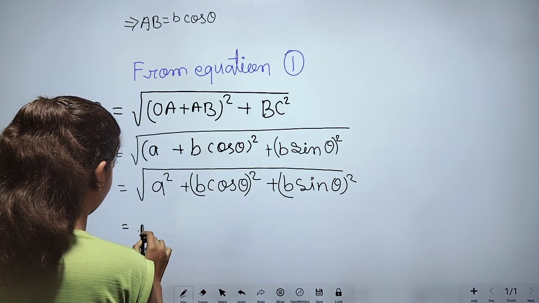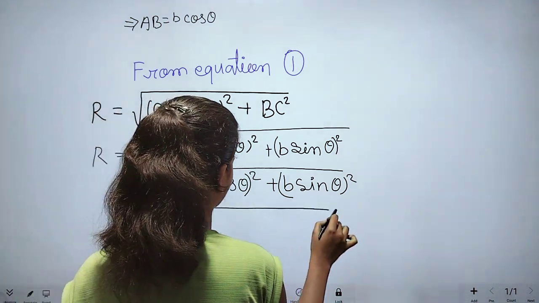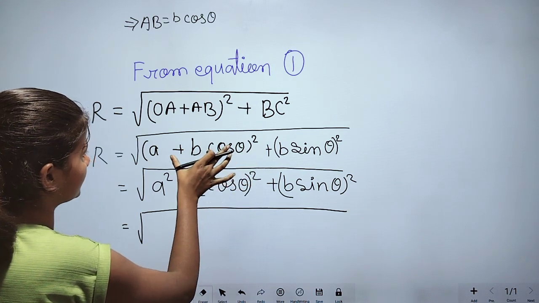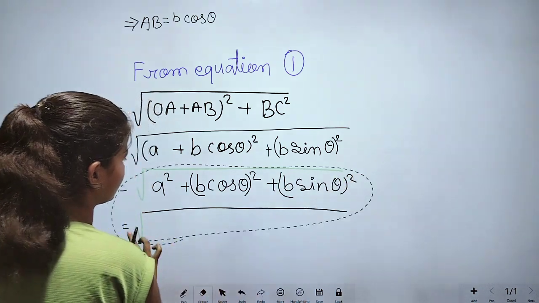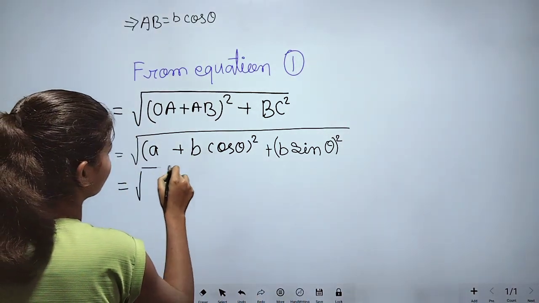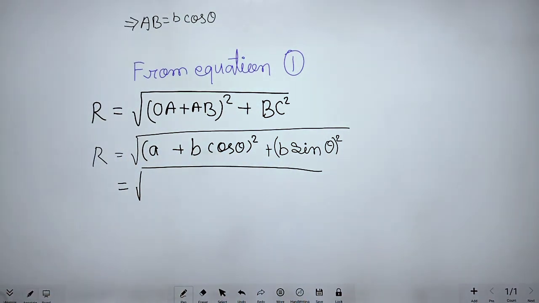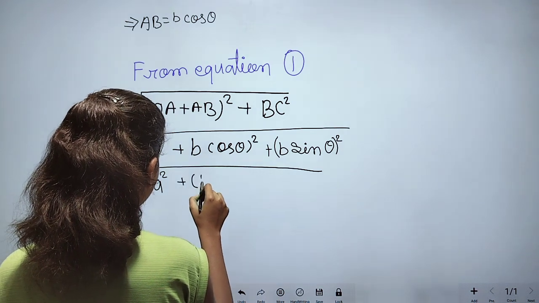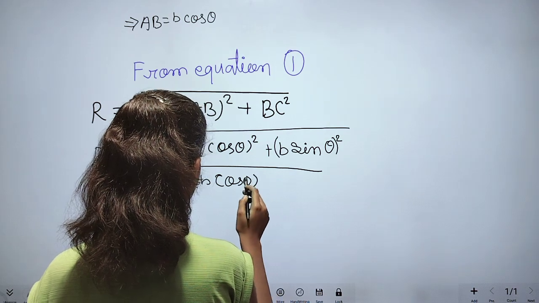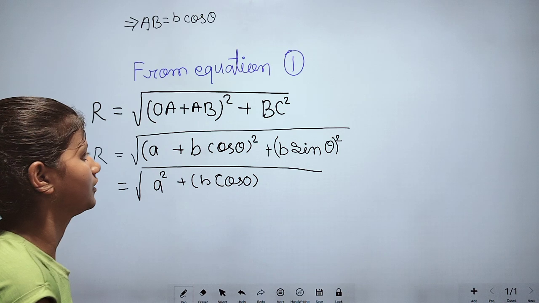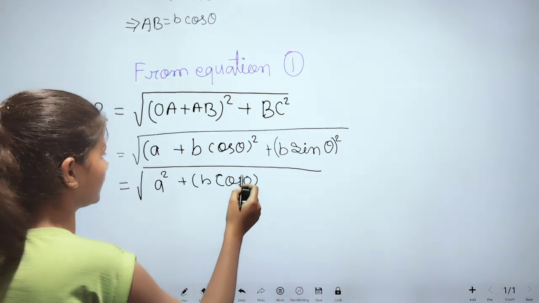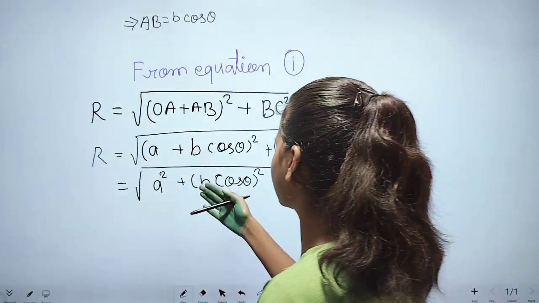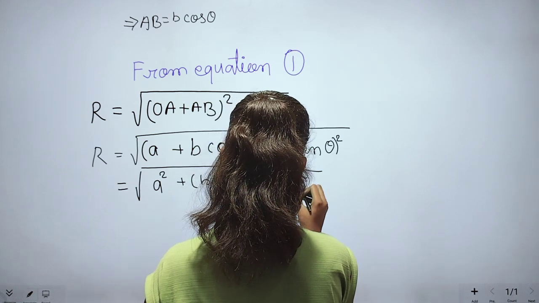Here is the formula of A plus B whole square: A square plus B square plus 2AB.